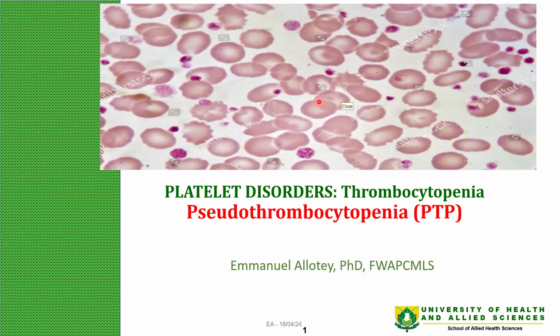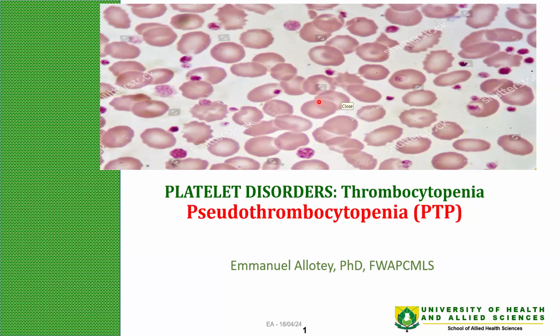However, there is another form of thrombocytopenia, which we might say is a false thrombocytopenia, meaning that it is artificial. What it means is that in circulation, in the body, the platelet numbers are not actually reduced. But this thrombocytopenia was only created as a result of something that happened to the blood sample after it was taken out of the body.